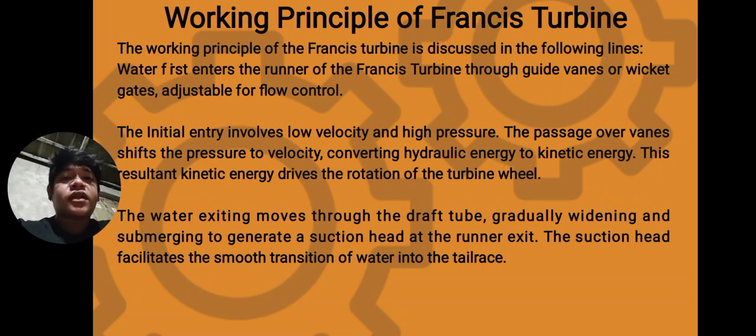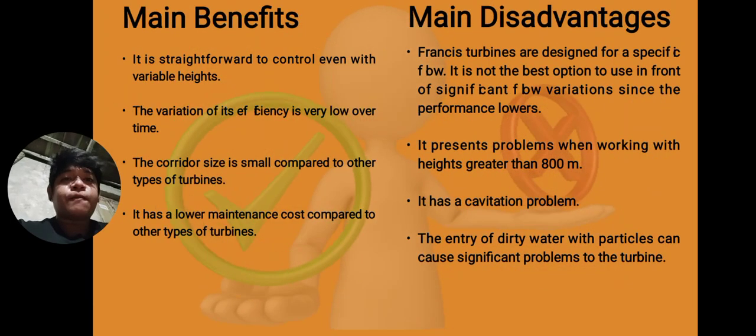This resultant kinetic energy drives the rotation of the turbine wheel. The water then moves through the draft tube, gradually widening and submerging to generate a suction head at the runner exit. The suction head facilitates smooth transition of water into the tail race.